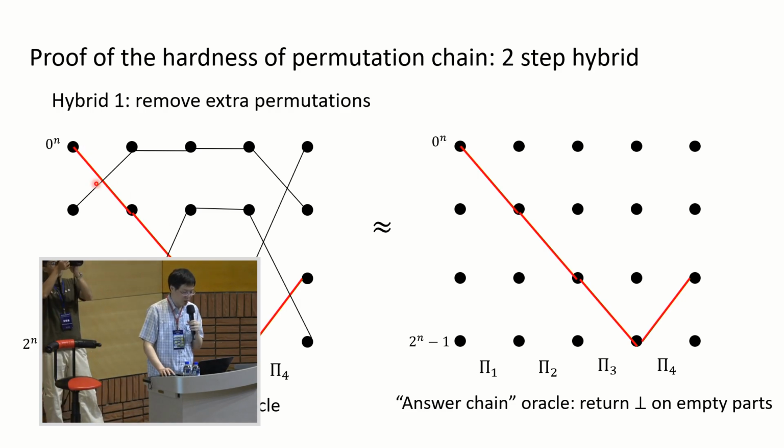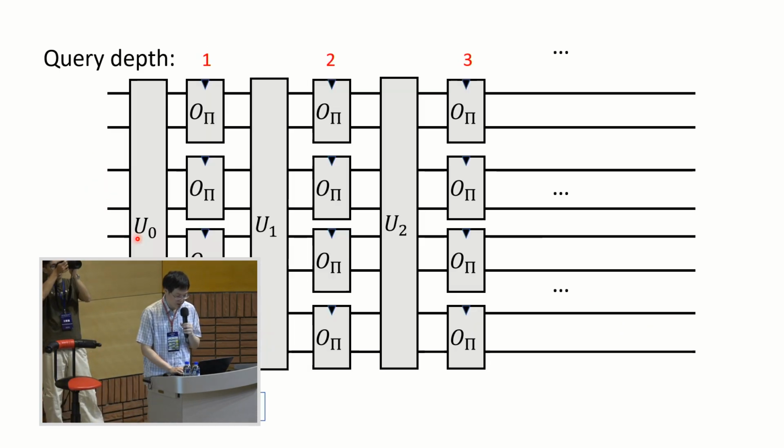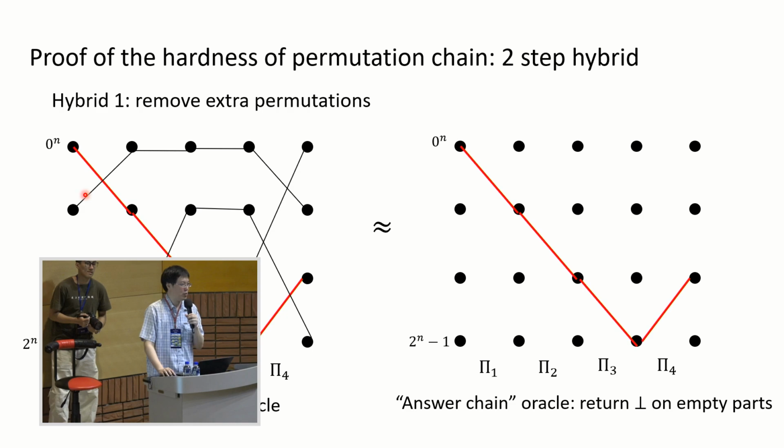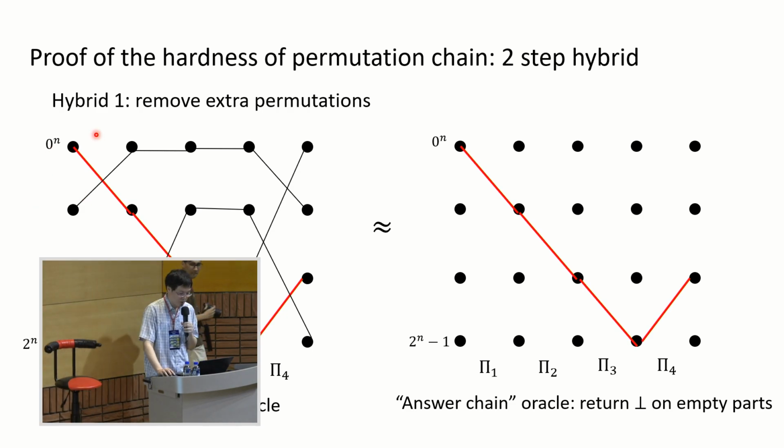So why is this? The intuition is here. This is the picture in my head about a chain of random permutations. We have those n-bit strings as a line. We have those dots, and we think of them as n-bit strings, from 0 to 2^n minus 1.